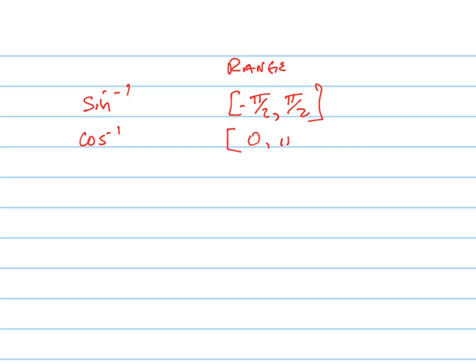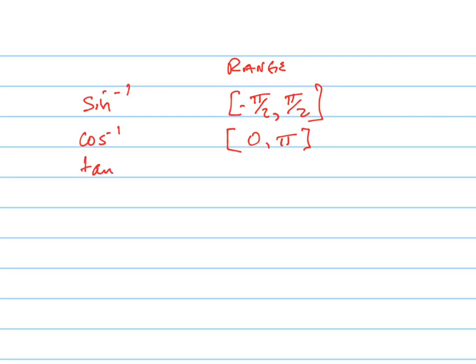So the sine inverse function, the range, like I talked about, is from negative pi over 2 to positive pi over 2. The cosine inverse function, the range is from 0 to pi, inclusive.